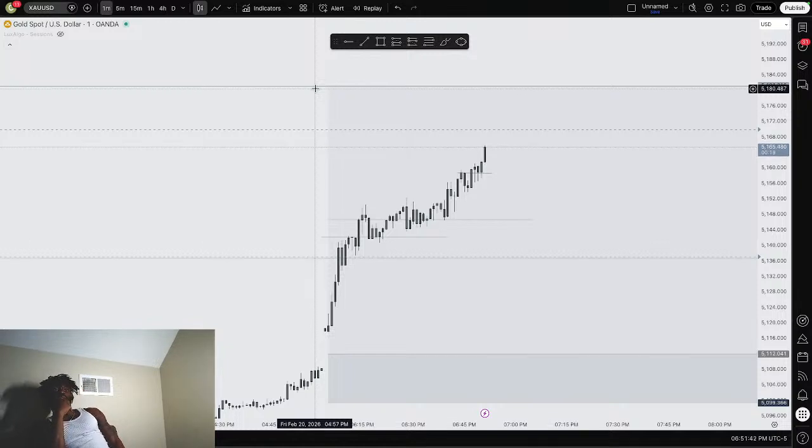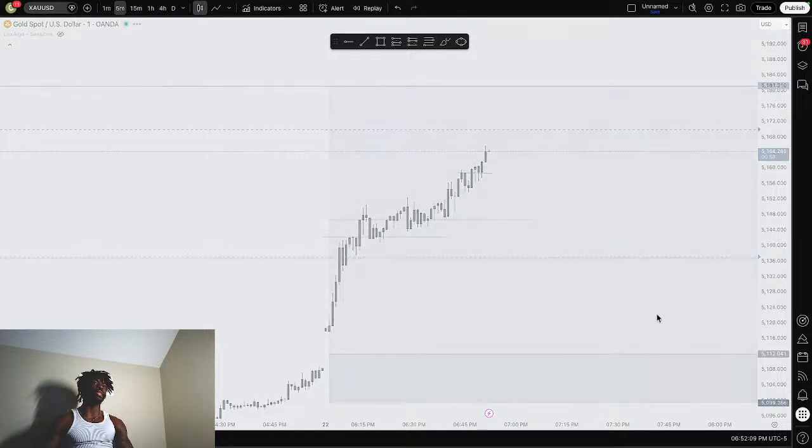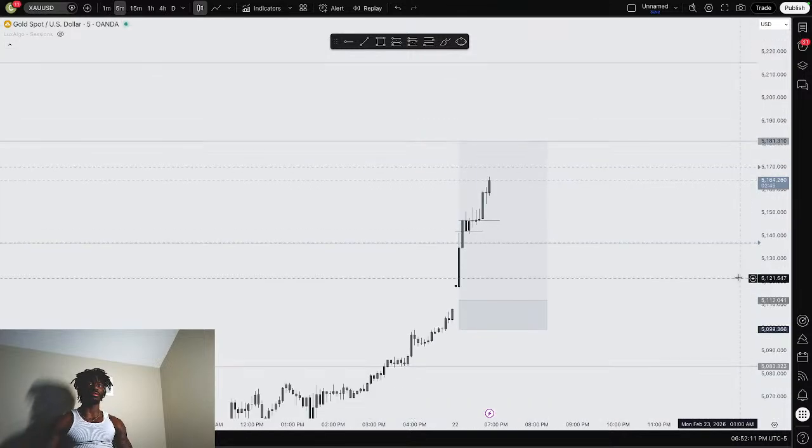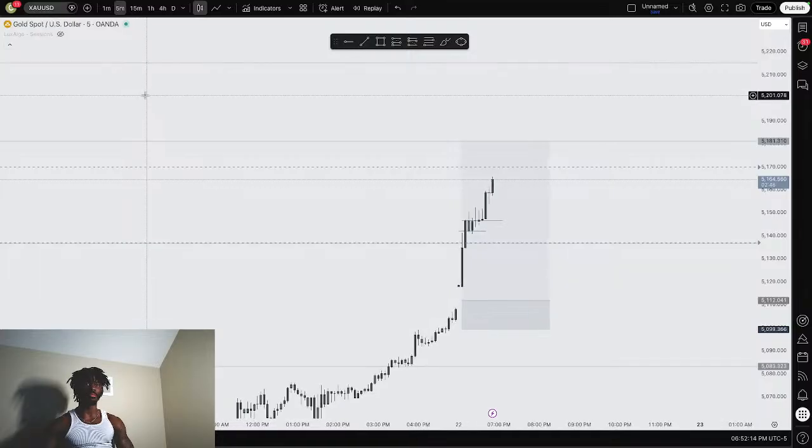What a beautiful catch, about 112 to 160, about 500 pips. 500 pips on market open on gold is normal. It's what it does on a day-to-day basis. Gold moves more than 100 pips every single session.